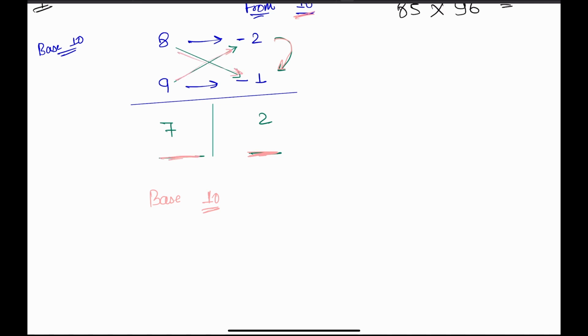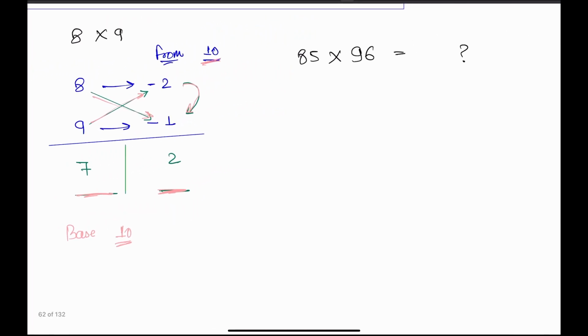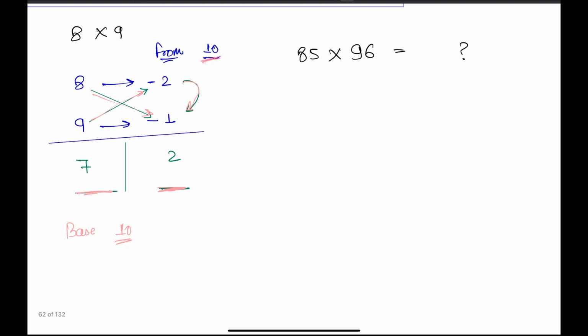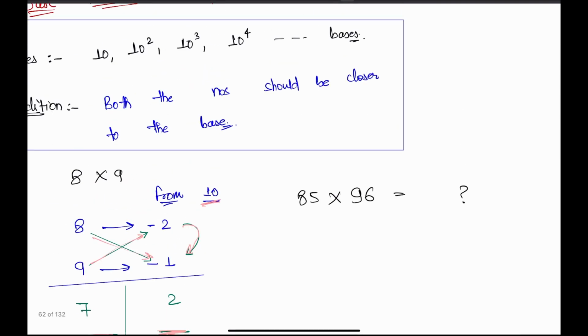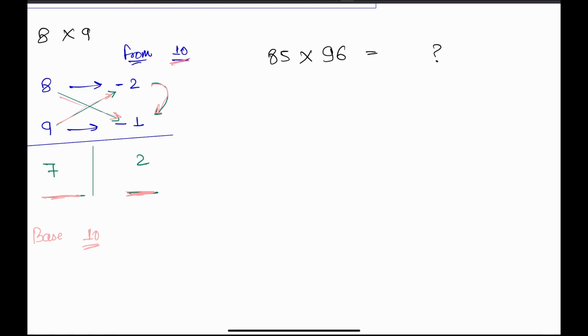Okay, if the same concept applies, base 10 is nothing but the nearest base, and we already know bases are in the form of these things. Here anyone can say that 85 and 96 are near to the base of 100.